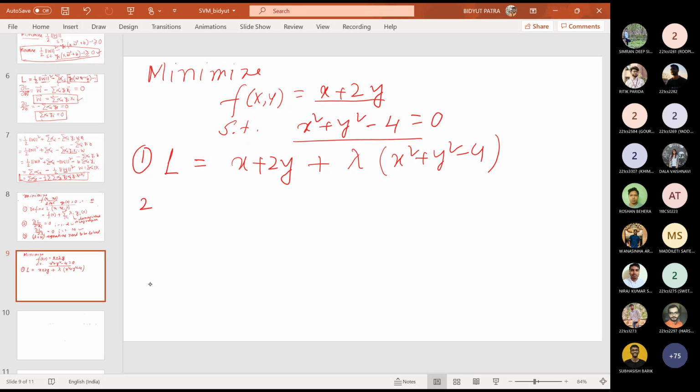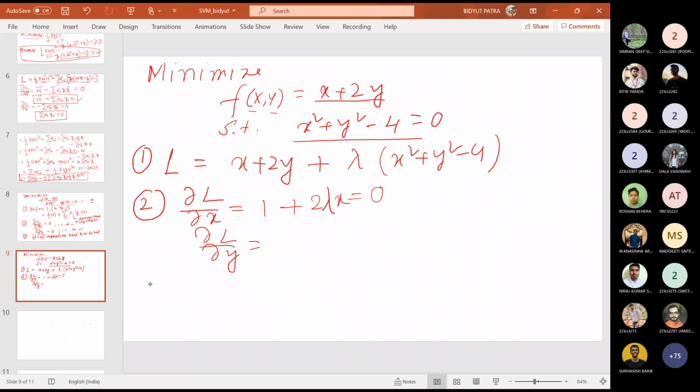Then what is the second step? Second step, you have to take the derivative with respect to the variables x and y along with lambda, and that should be set to 0. So now this is del L by del x. This will give you 1, this will be 0, this will be plus 2 lambda x, this will be 0. Then you have del L by del y.